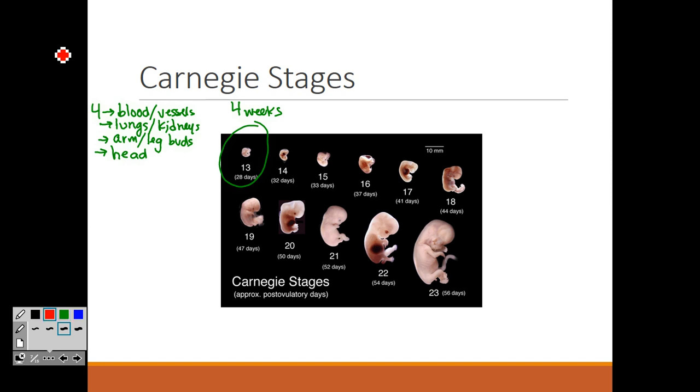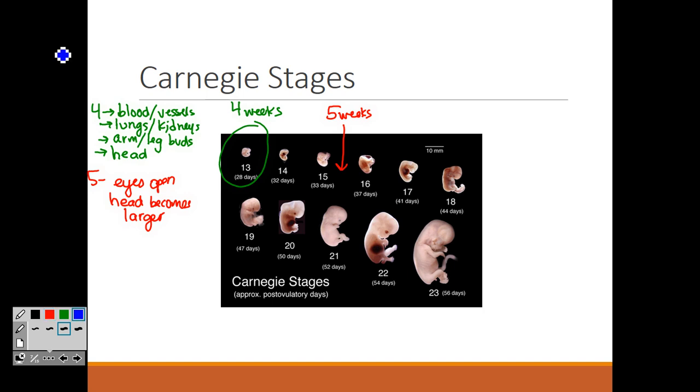Now, if we think about 5 weeks, 5 weeks would be kind of in between those two stages there, around 35 days. During the 5th week, that is when the eyes open and the head becomes much larger. Now, the head is the thing that gets largest the quickest. The head is really the biggest part of the baby.